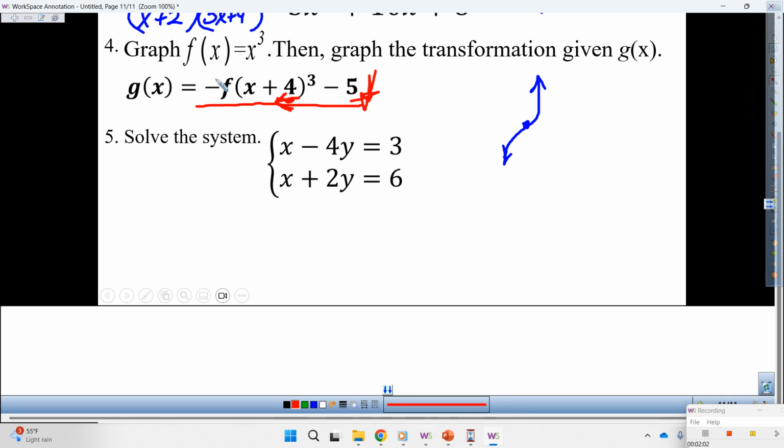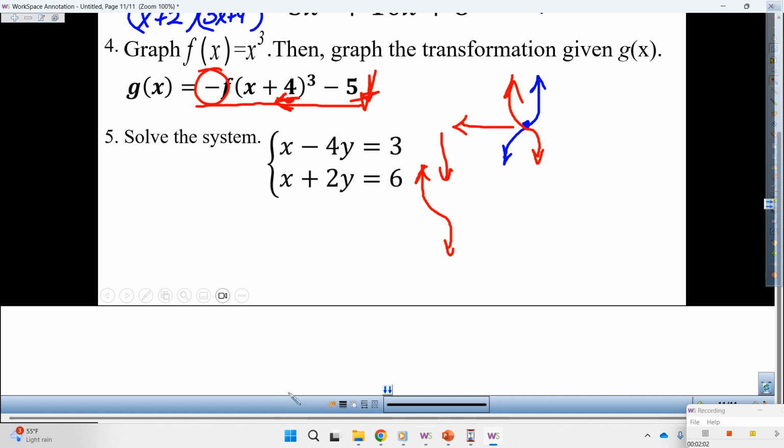So far, so good, but you forgot this. Flip it, yes. So first we flip it, then we move it 4 to the left, and then 5 down. So then we end up with something that looks like that.